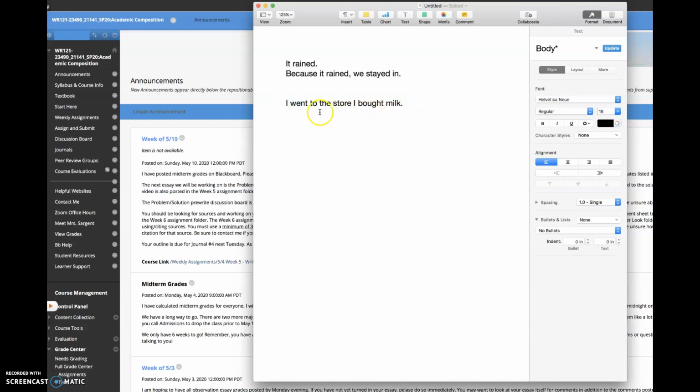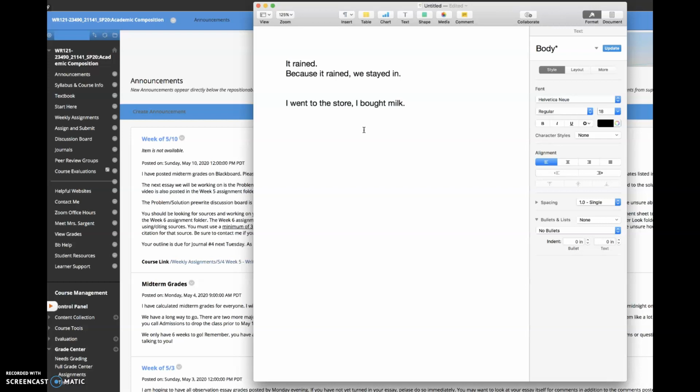As it is, these two sentences strung together, this is called a run-on. Okay, two sentences, no punctuation. This is not right. So what I'm going to do is add a comma in between them. Now I've got two sentences separated with a comma. What I've done here is I've created a comma splice. This is also not correct. I can't join two complete sentences with just a comma.